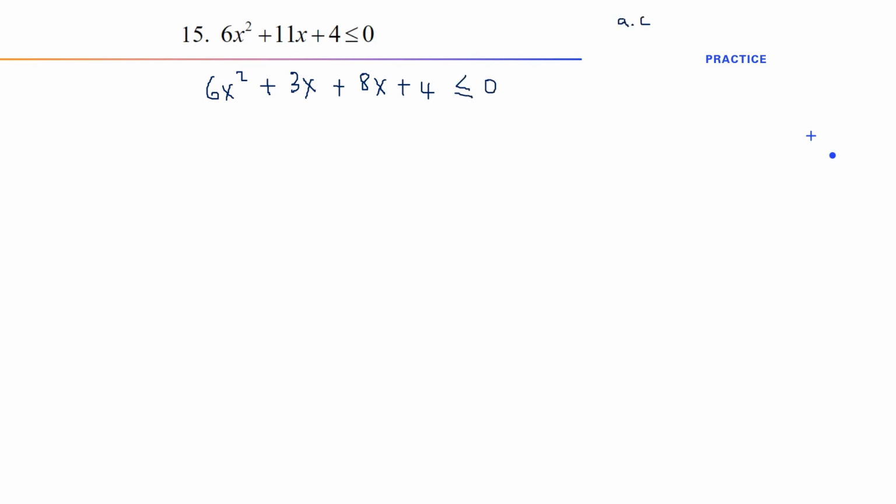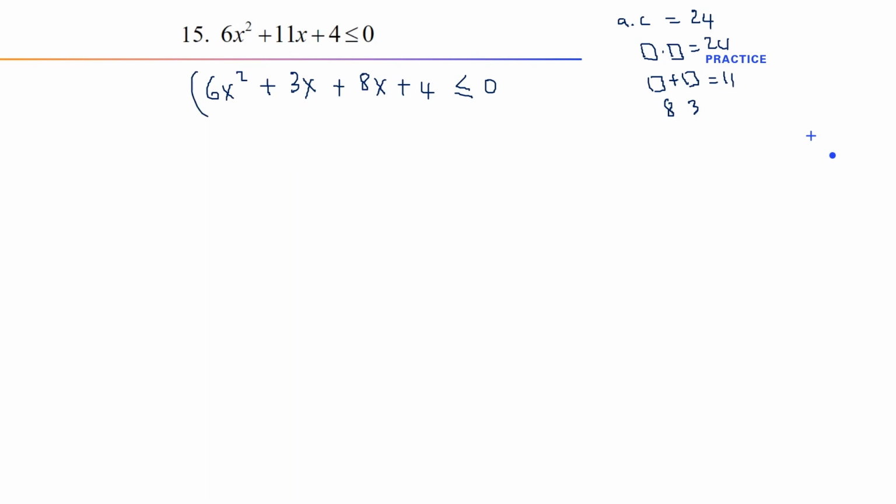Remember the AC method: 6 times 4 is 24, and the two numbers have to add up to 11. And we have 8 and 3 that fit, right?